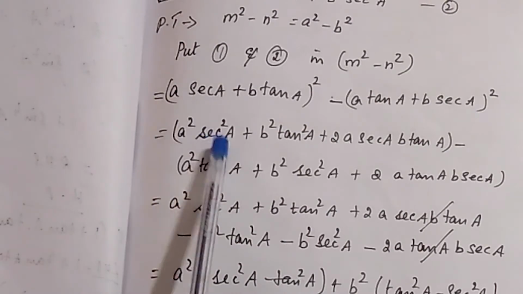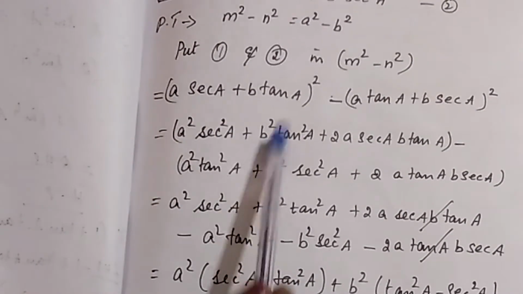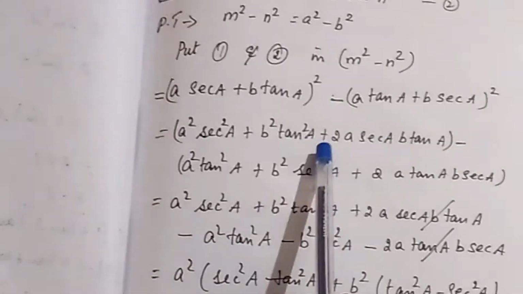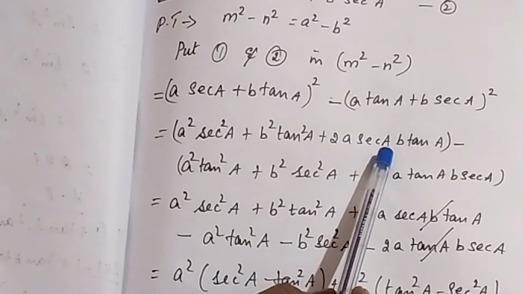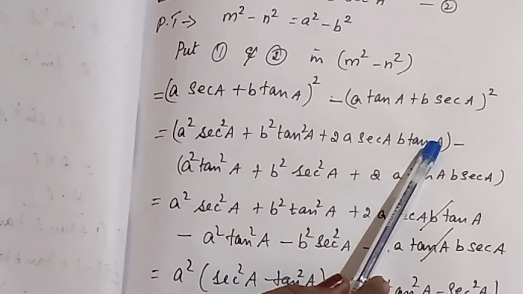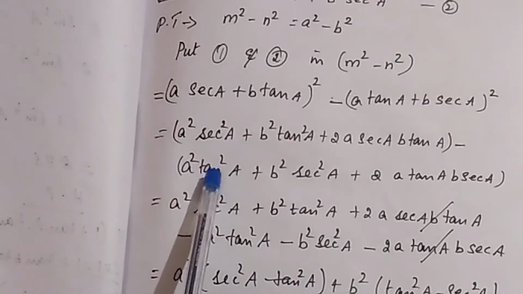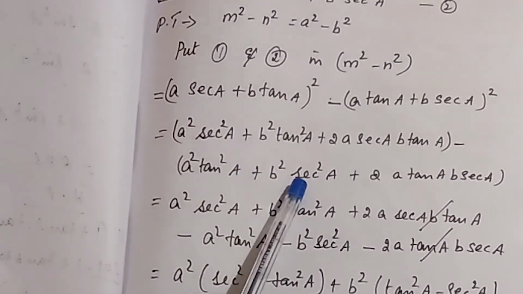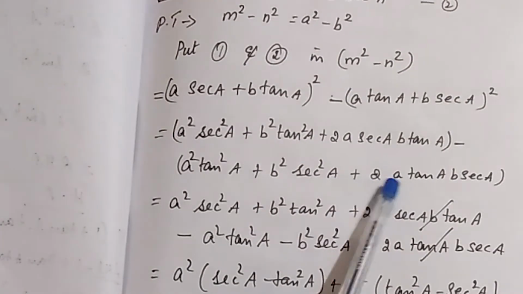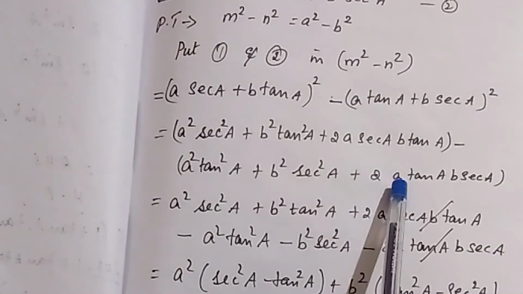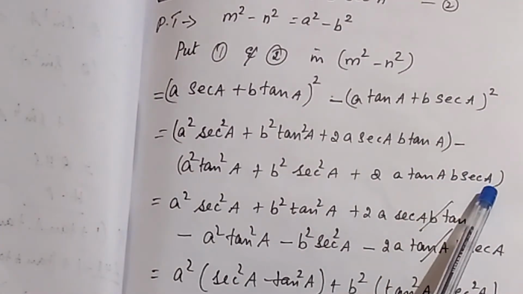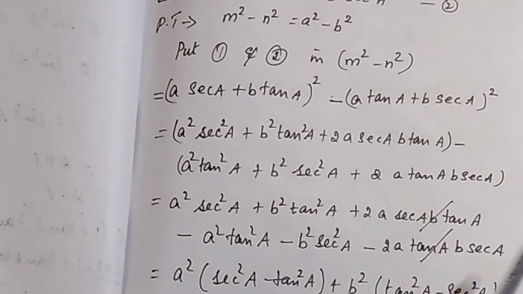a squared secant squared a plus b squared tan squared a plus 2a secant a b tan a. Okay. Minus a squared tan squared a plus b squared secant squared a plus 2a tan a b secant a. Okay.